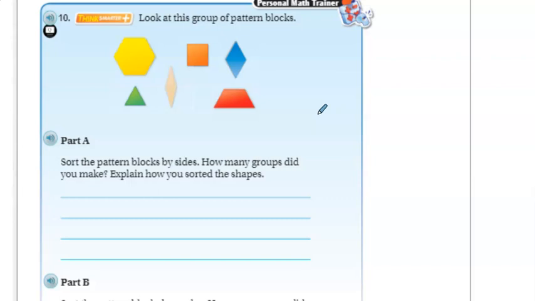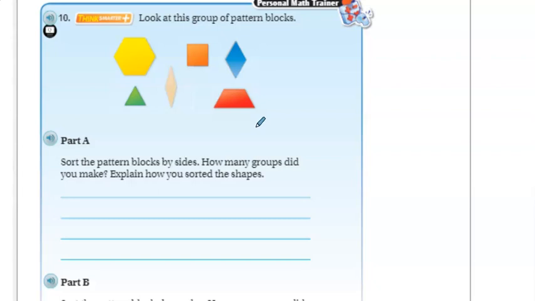Pause the video. Okay. Hopefully when you turned the video back on, you saw that you could have 3 groups. Maybe you could sort the shapes by the number of sides. So maybe put these ones that have 4 sides together, and then this one all by itself and this one all by itself. So you have the hexagon, triangles, and then quadrilaterals.